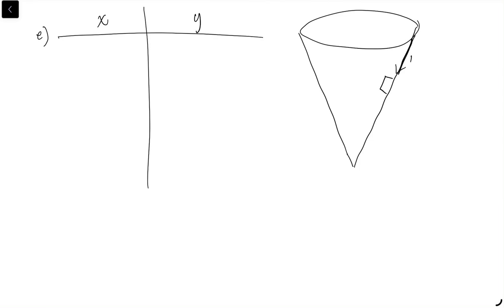So Fx would be pointing this way. And then we can just draw the components. If we know this angle, we know this angle. And then Fn has components as well.